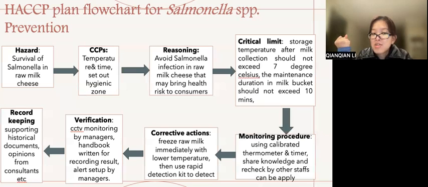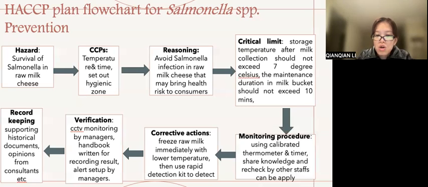And the duration in the milk bucket before transferring to the cold tank should not exceed 10 minutes. The next one is the monitoring procedure. We can use a calibrated thermometer and timer to time and test the temperature and the time.